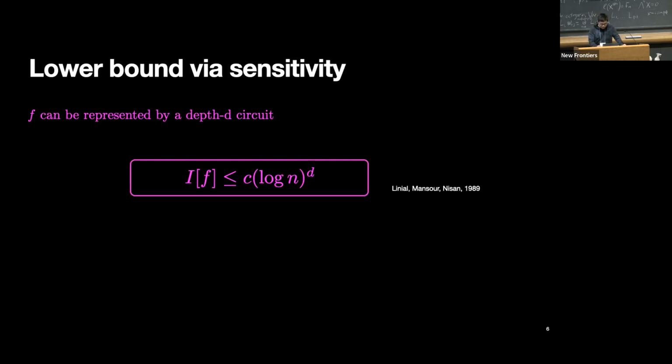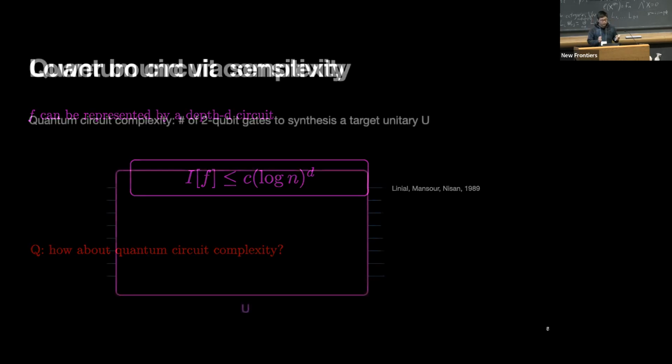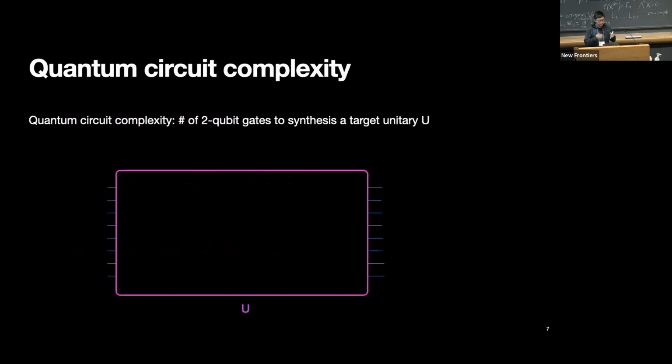Then the natural question is, how about quantum circuit complexity? In quantum computation, the quantum circuit is usually represented by a large unitary operator on an n-qubit system. And the quantum circuit complexity is defined as the number of two-qubit gates needed to generate the target unitary, or approximate the target unitary.